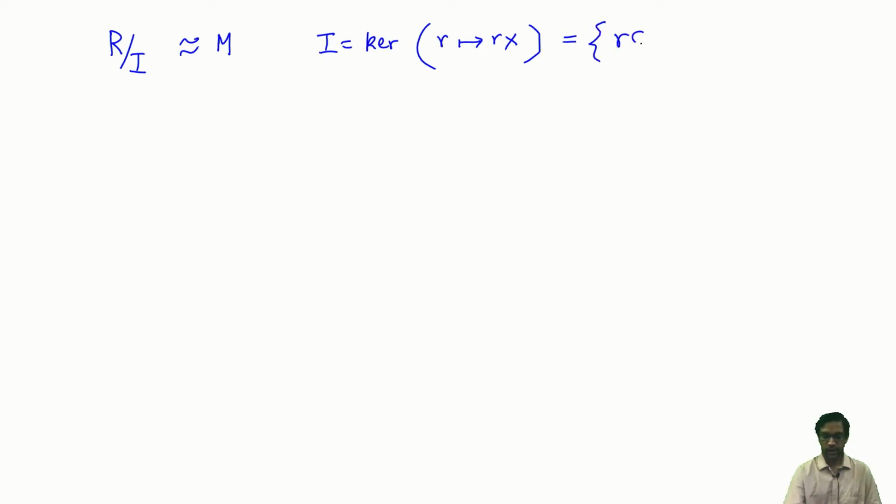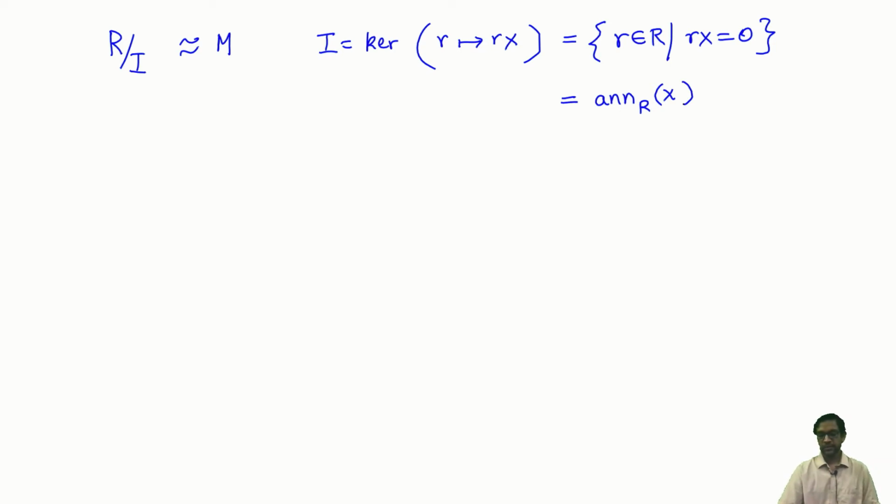Okay, in fact, we've actually proved a little more. We've said R mod I is isomorphic to M, where I is exactly the kernel of the map. The kernel of what map? The map which sends each element r to rx. Which means what? This is exactly the set of all r in R such that rx is 0, right? And this is usually called the annihilator in R of x.